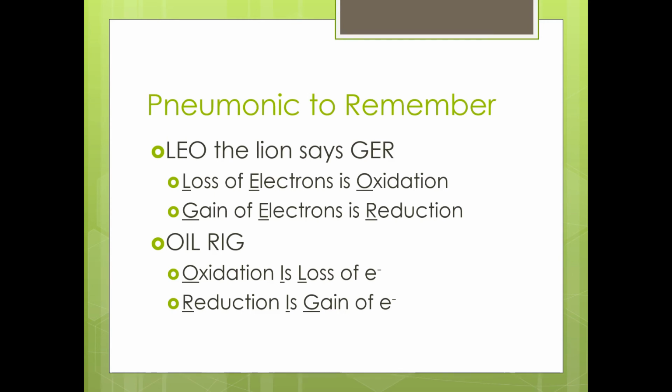Oxidation is loss of electrons, and reduction is gain of electrons. Okay. So with this in mind, you should hopefully have some way of remembering what an oxidation reaction is and what a reduction reaction is. And from that, understand that oxidizing agents cause things to get oxidized and reducing agents cause things to get reduced.